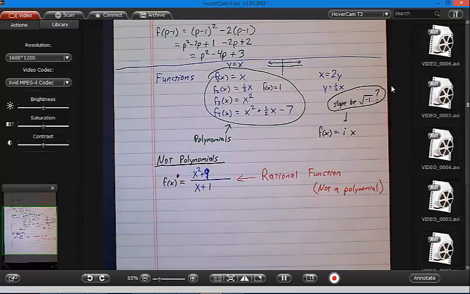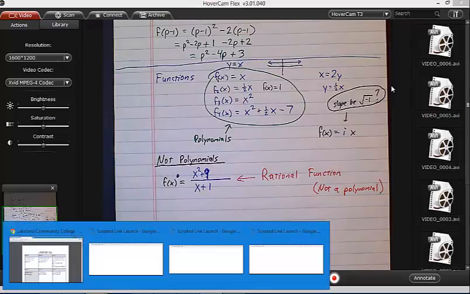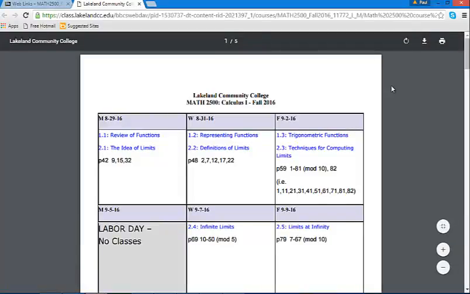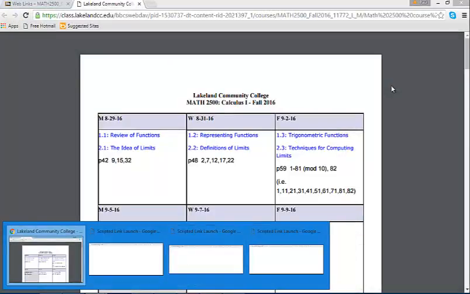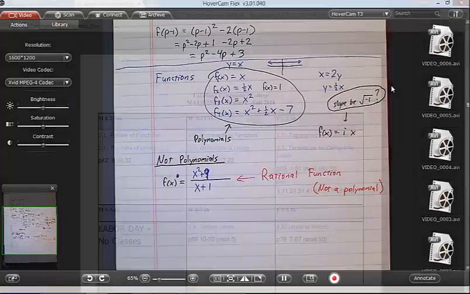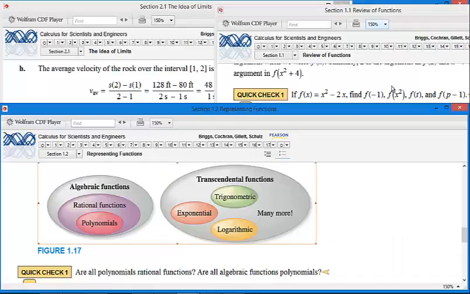Okay, back to my picture of what we're looking at. Let's go back to my picture. Here, they show these subsets. It says that polynomials are a subset of the rational functions.